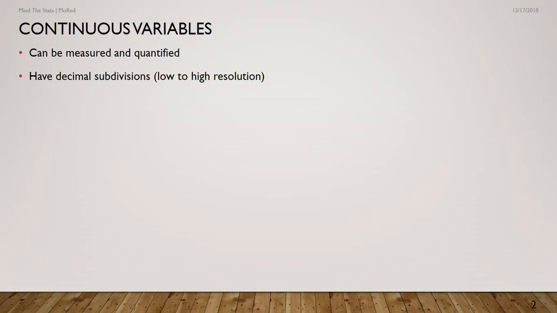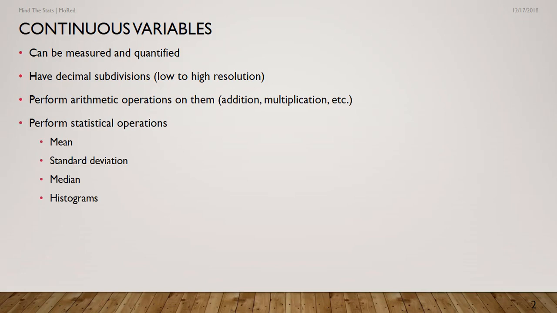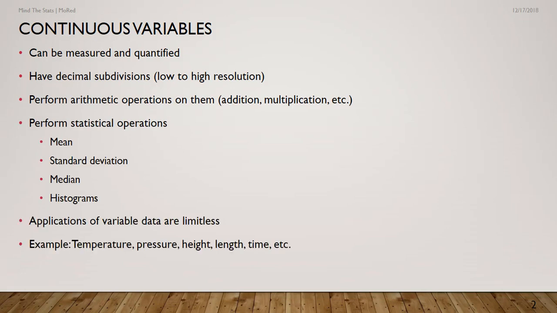For example, a distance can be expressed in kilometers, miles, or subunits like millimeters and inches. We can perform arithmetic operations on them and statistical operations on them. Applications are limitless, and here are some examples of continuous variables: temperature, pressure, height, length, time, etc.